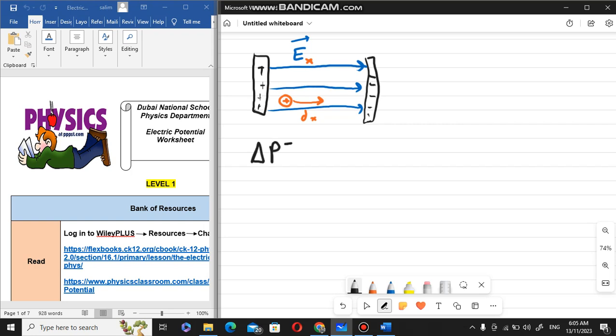So we can say that the change in potential energy for this will be minus the magnitude of the charge multiplied by the electric field on the x-axis, multiplied by the displacement on the x-axis. This is what we call the change in potential energy.